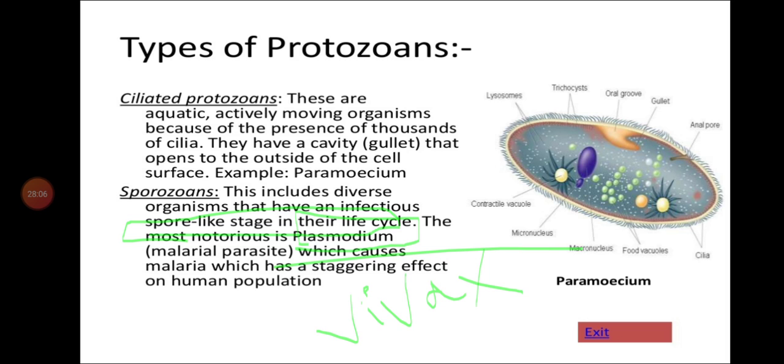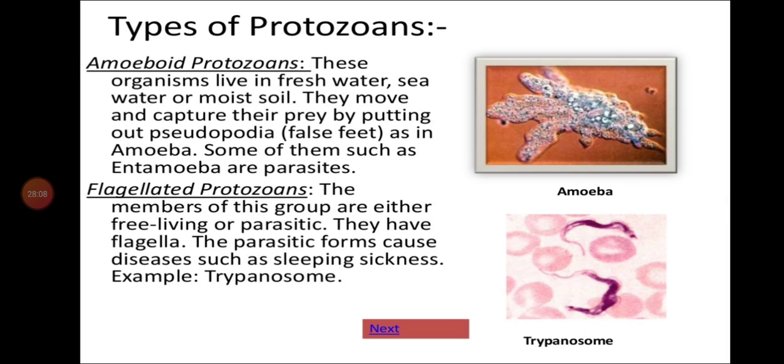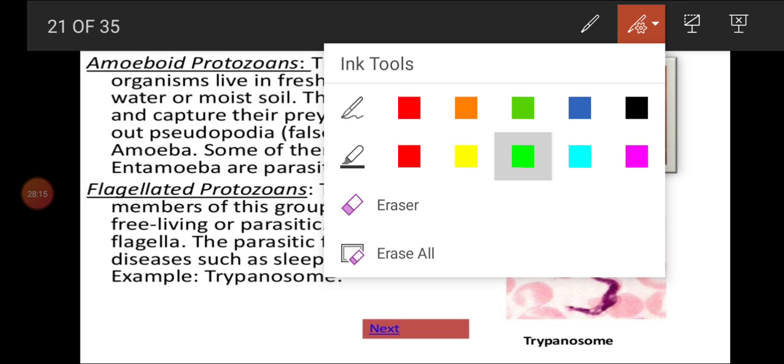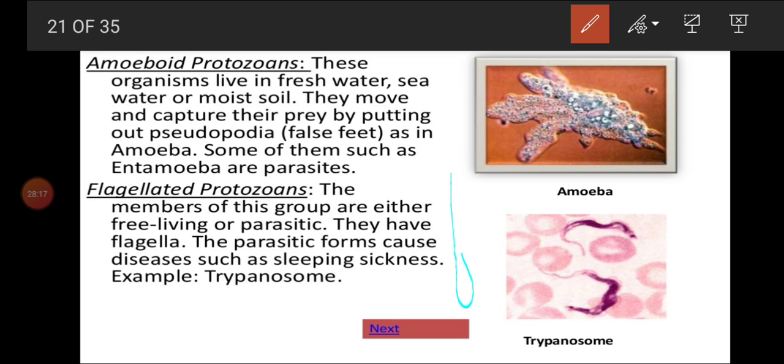And one more thing we learned in grade 10 is leishmania. This is the structure of leishmania that we learned in grade 10. Leishmania also comes under flagellated protozoan, and it causes Kala-azar fever, or dumdum fever.